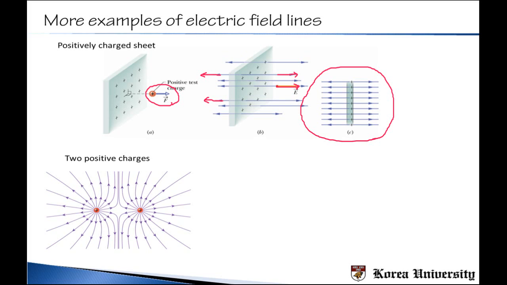In another example, which we have actually seen in the simulated experiment, if we have two positive charges, each of them will have electric field lines going out from it. In the middle, the left charge will give the electric field going to the right, and the charge on the right side will give the electric field going to the left.